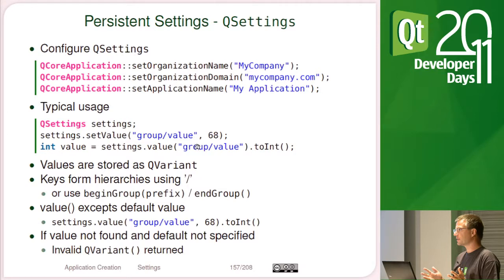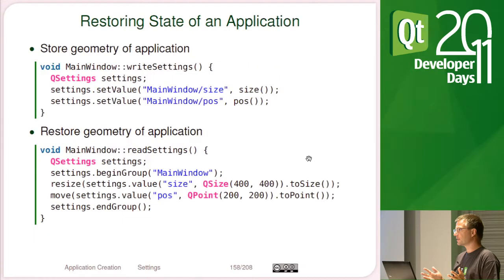So how is this stored on different platforms? Normally, all these settings on Windows go into the system registry. Here is some functionality to set the window position and the size of your main window. In the writeSettings method, you set everything, and in the readSettings method, you read everything out of your registry.